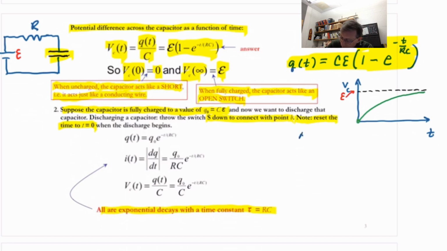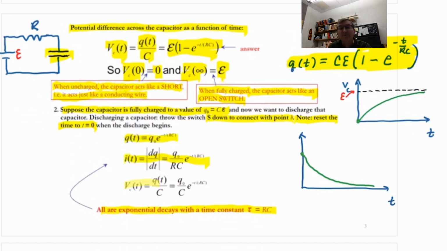Everything starts at some initial value, at time 0, and just asymptotically approaches 0. You ultimately end up with 0 charge on the capacitor, 0 current in the circuit, and 0 potential difference. Okay? And there are the expressions for the charge and the current and the potential difference. Those are handy.